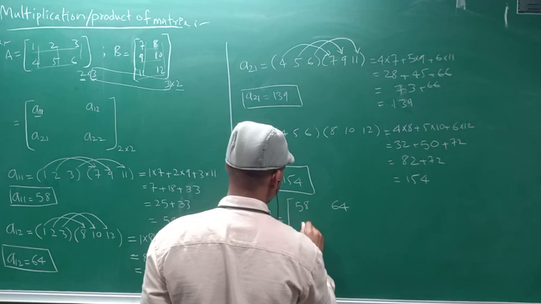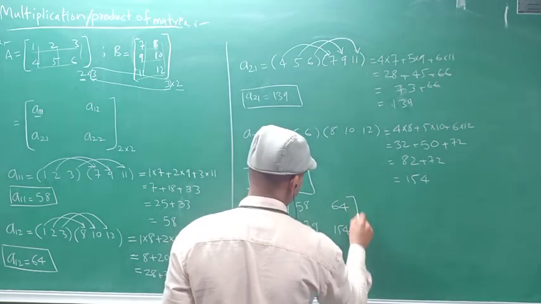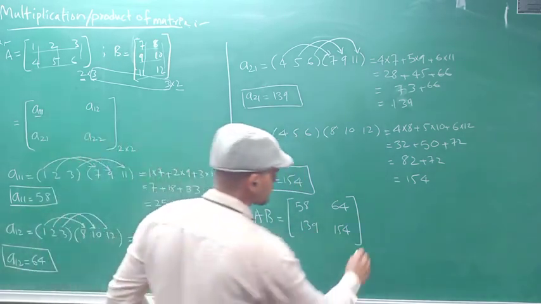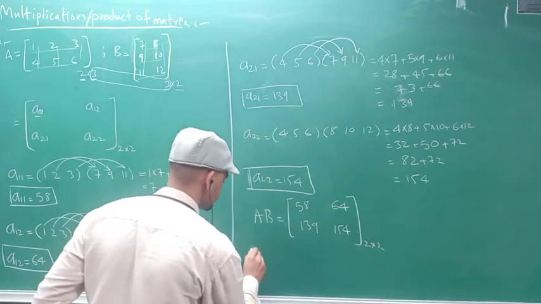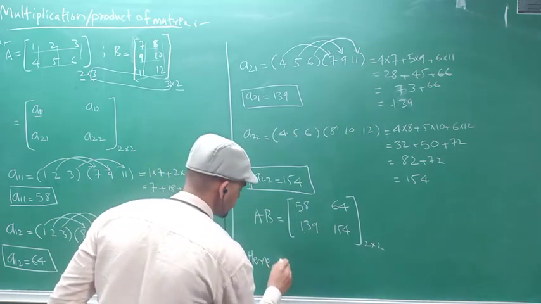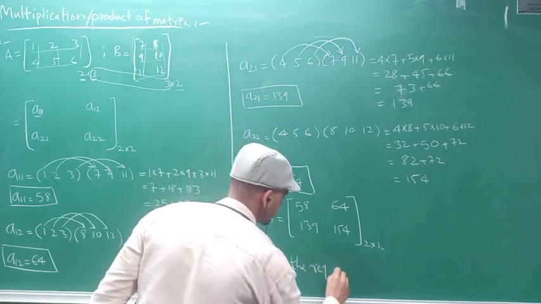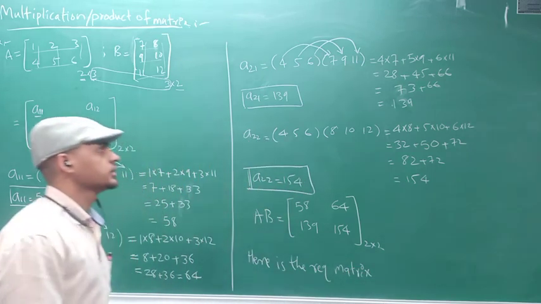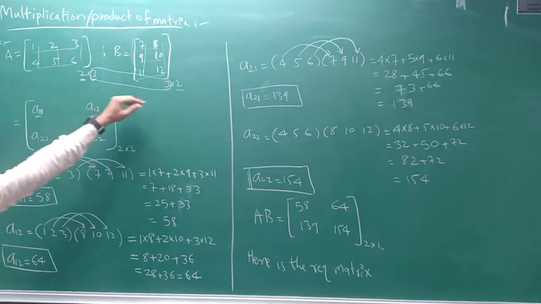Now the third element is 139 and 154. So here we got a 2 by 2 matrix, here is the required matrix. So now here we have 2 matrices, that is 2 by 3 and 3 by 2.